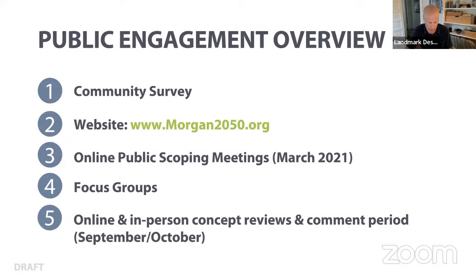There was a community survey conducted by Y2 Analytics that provided some very good direction and gave us a sense of what the public was feeling as far as a big picture for both the city and the county. For those of you that aren't aware, Landmark prepared both the county plan and the city plan for Morgan City at the same time. It was the way that we entered this project. So we're concurrently doing a general plan for Morgan County.